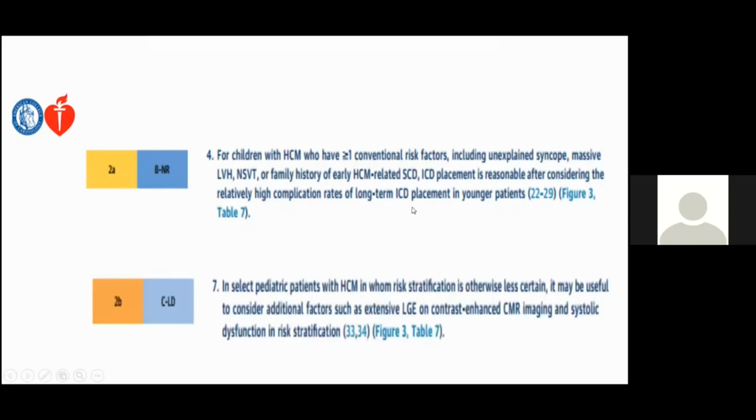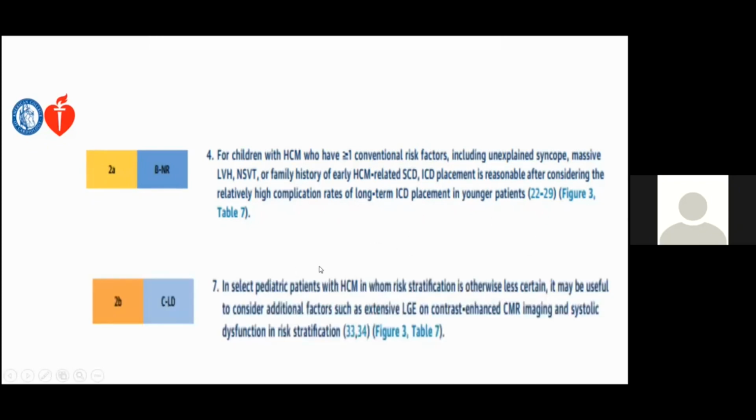So for children with hypertrophic cardiomyopathy who have 1 or more conventional risk factors, including unexplained syncope, massive LVH, non-sustained VT, or family history of early HCM-related sudden cardiac death, an ICD placement is a 2A indication.